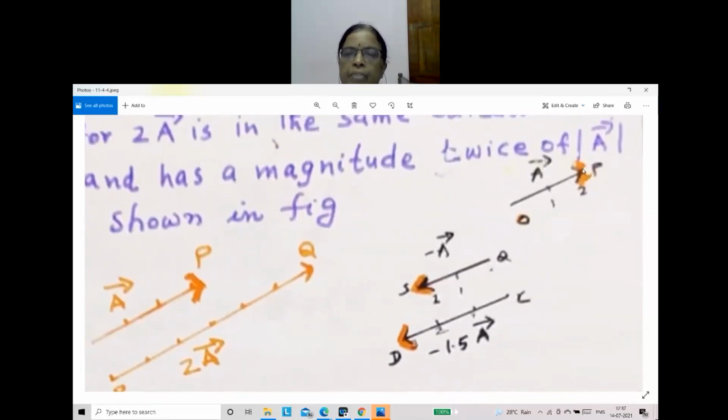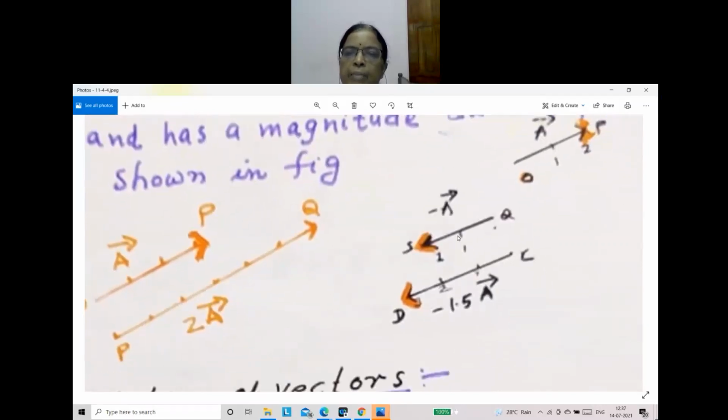This is vector A. Its length is 2 centimeter, and minus vector A is drawn here, 2 centimeter itself, but the direction is opposite.